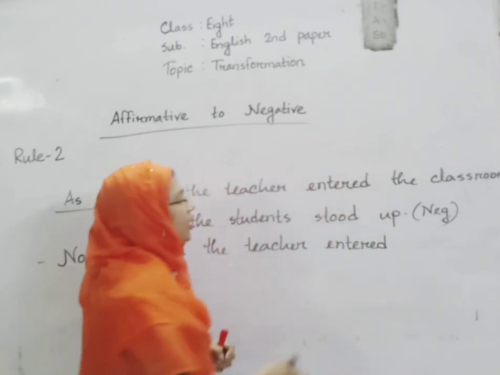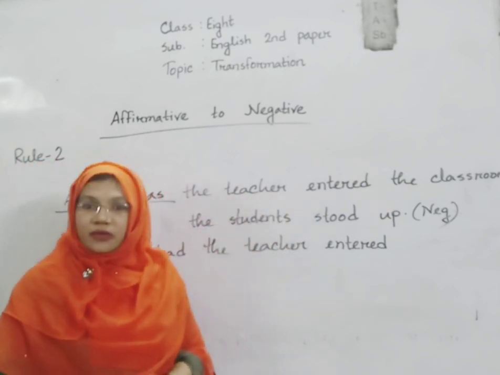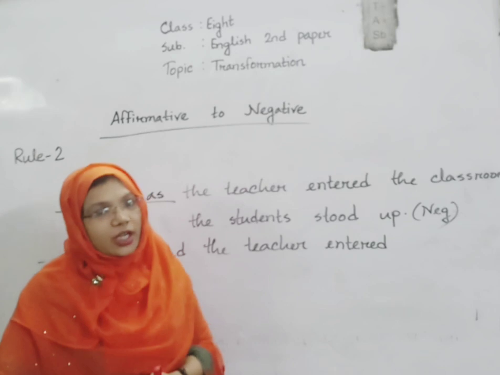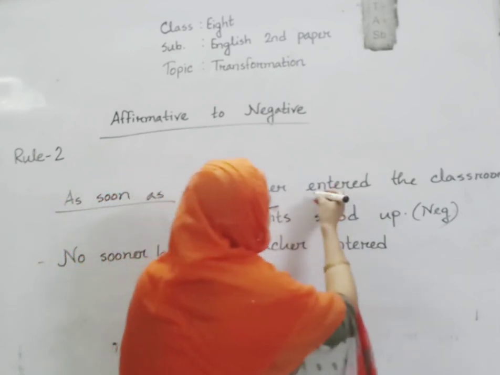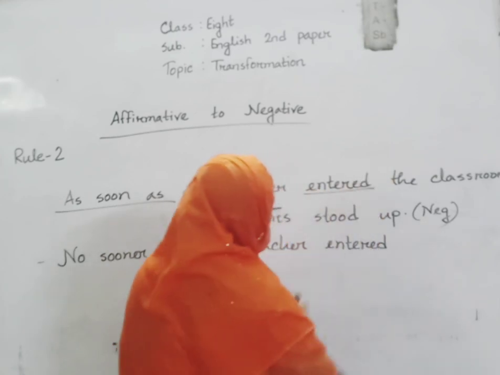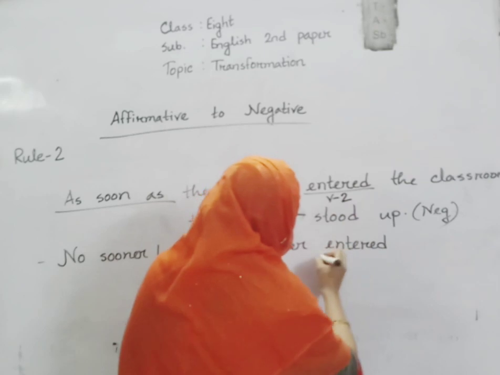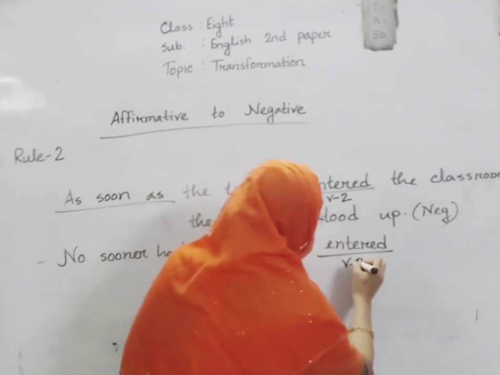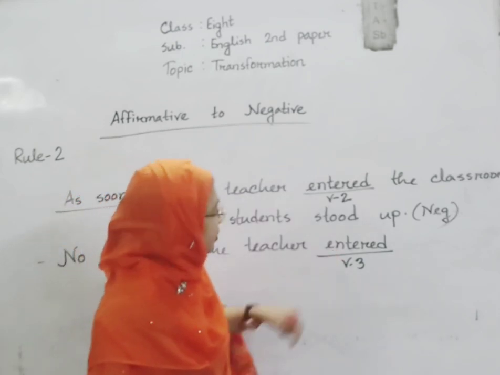Both the form is same here because the V2 and V3 of enter is same. Here enter is V2 and here enter is V3. For had we have to take V3.